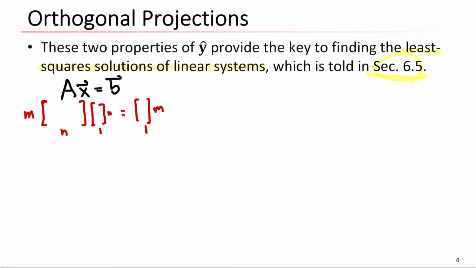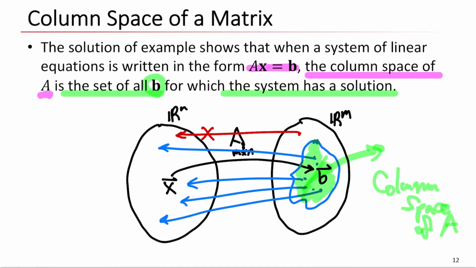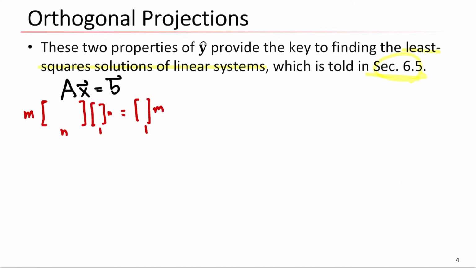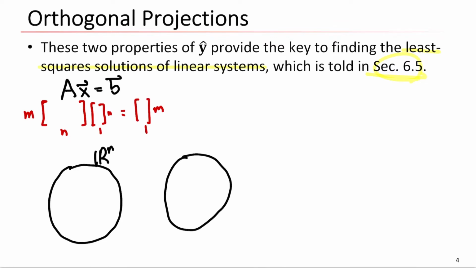Then what is the solution set of this equation? If you remember lecture 7.1, we can draw something like this. This is the R^n space where the vector x is defined, and there is another R^m space.